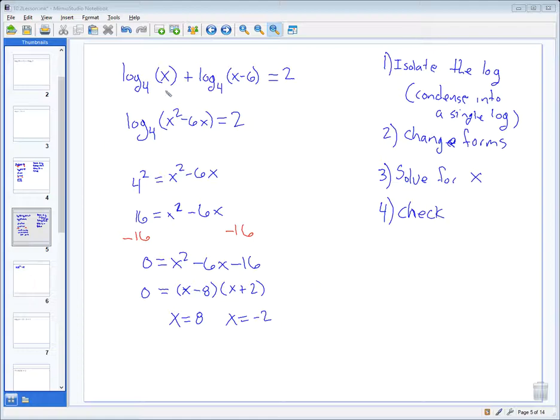If I plug in 8 for the x's, I would have log base 4 of 8 and log base 4 of 2, which would be fine. If I plug in a negative 2, I'd have log base 4 of negative 2, and that is undefined. We can't take log base 4 of negative 2, so this answer does not work. It's what's known as an extraneous solution.